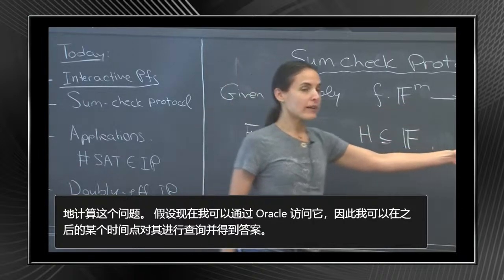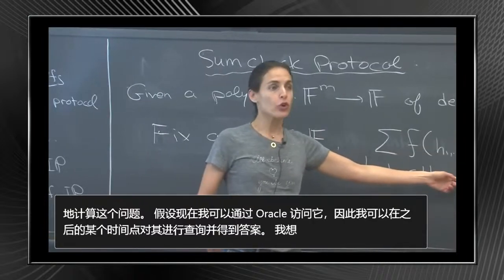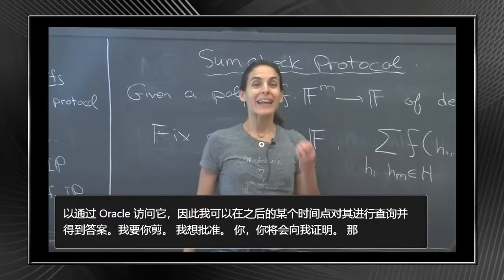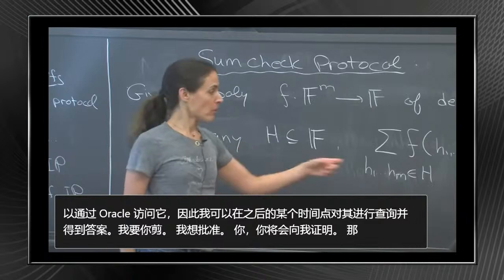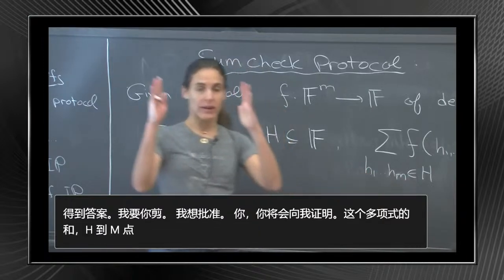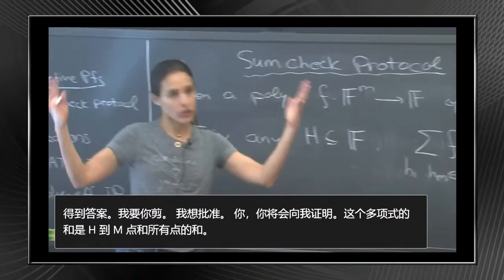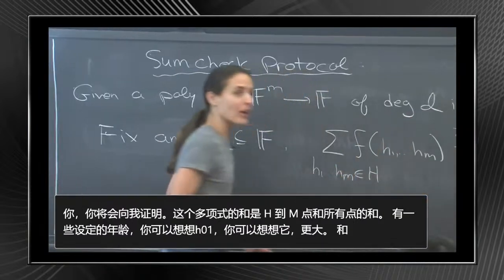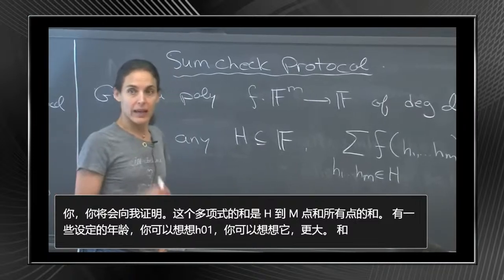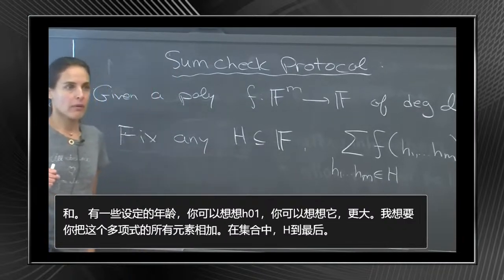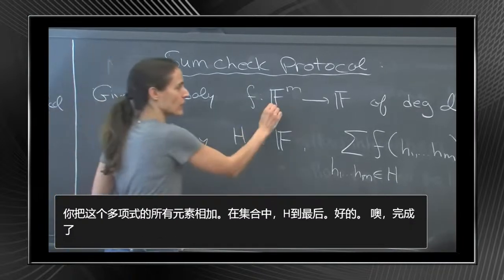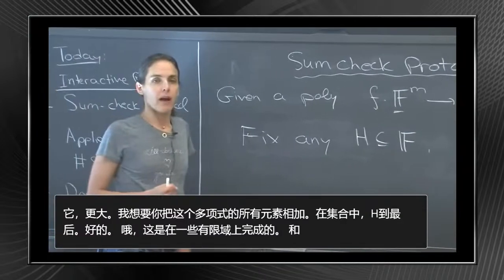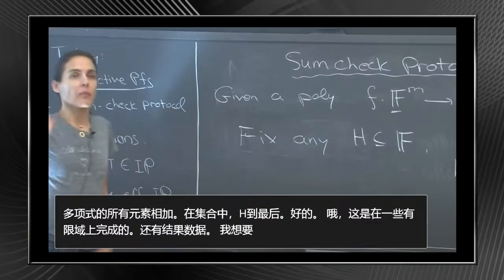You're going to prove to me that the sum of this polynomial over all the points in H^m, where H is some set, you can think of H as {0,1} or bigger, is beta. All of this is done over some finite field F. I want to prove that this sum is beta.